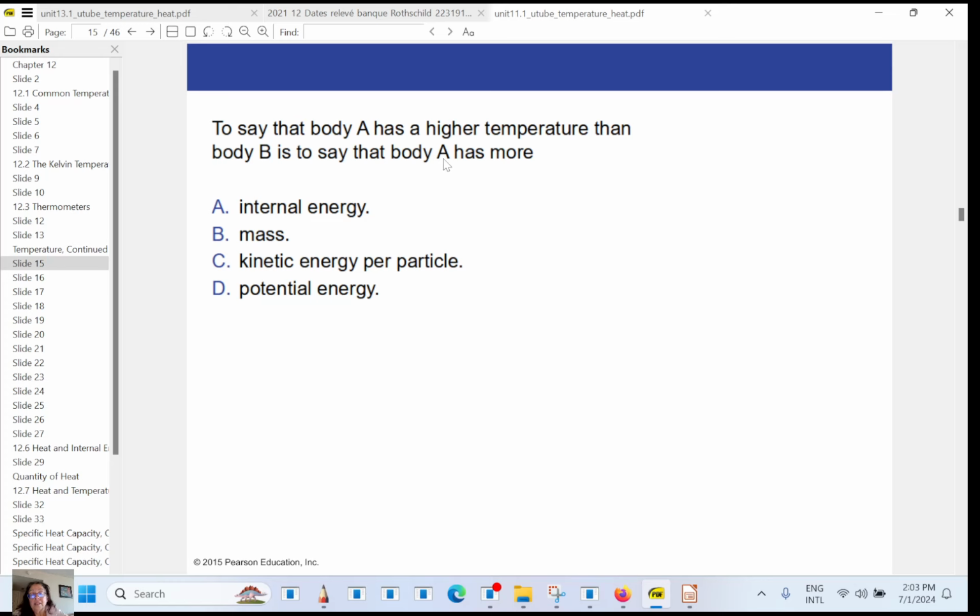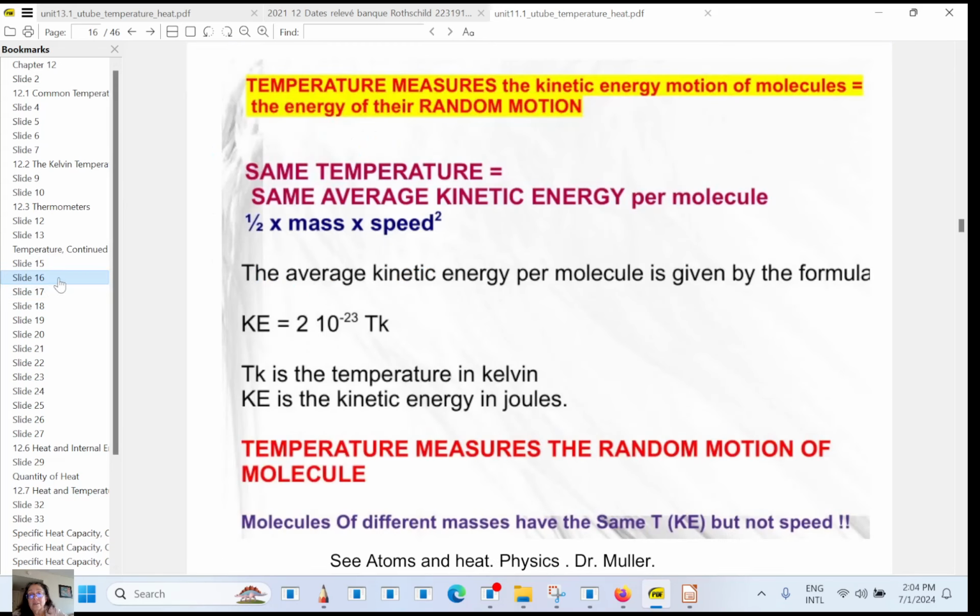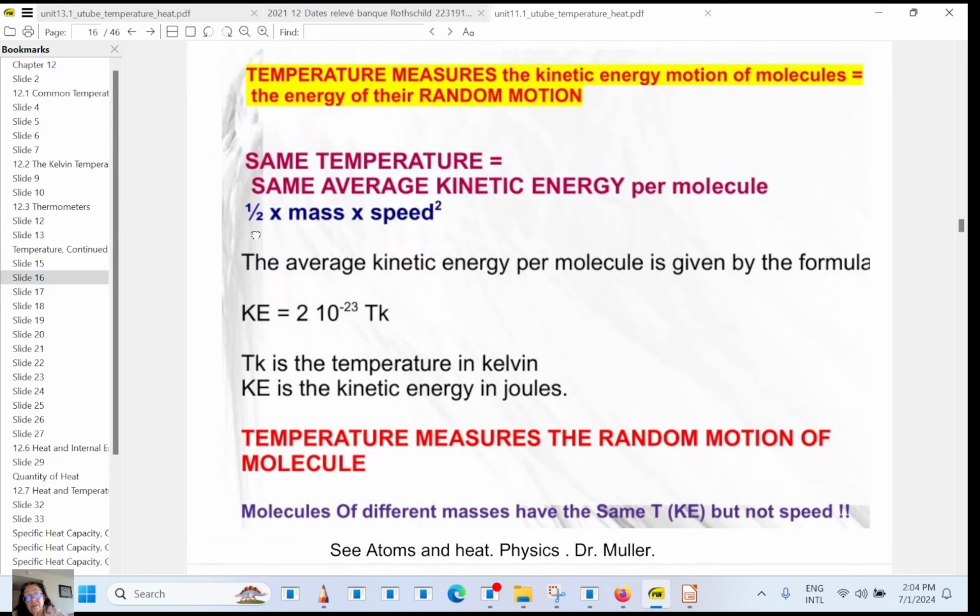That body A has more kinetic energy per particle. Okay, so when we talk about internal energy, it could be both kinetic energy, the three kinds of kinetic energy, and potential energy. Okay, so that's just a parenthesis.